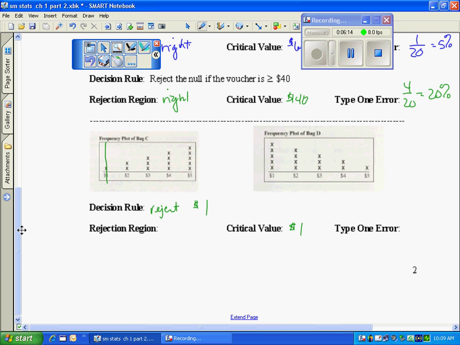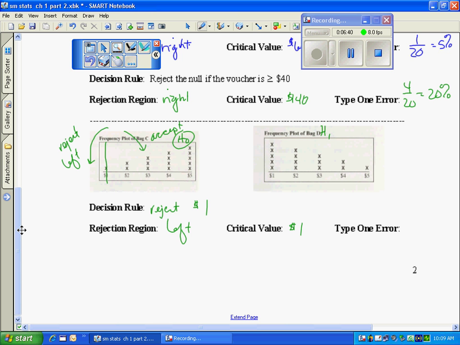If I pulled from this area, I would be rejecting. If I'm on this side, I'm going to accept that this is my null. Notice if you compare, there are more $5 bills in the null than in the alternative. So it's on my left where I reject, and we call that a left-handed test.